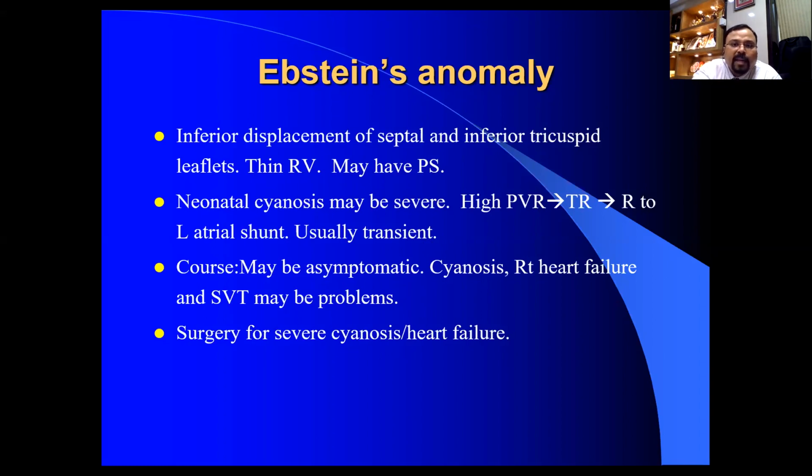So sometimes we have to start sildenafil or diuretics in such children. Sometimes they can be asymptomatic, sometimes they can present with right heart failure, or sometimes because of right atrial dilatation, they may present with SVT. If neonate presents with severe cyanosis or heart failure, sometimes surgery is required in such children.